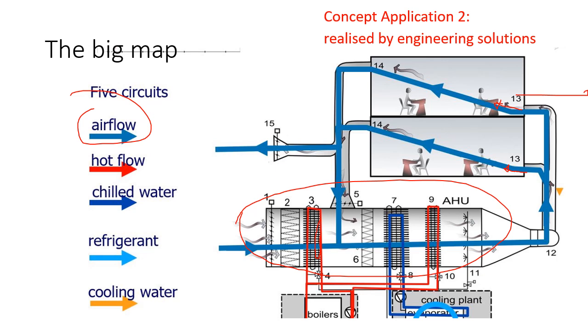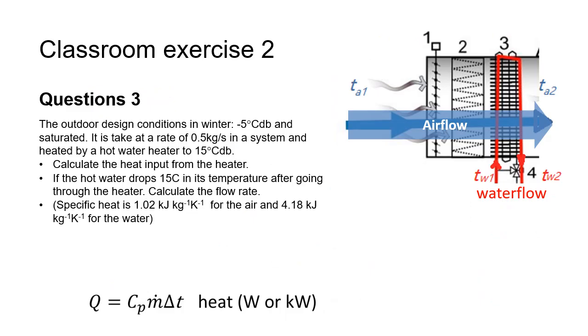So that is how in engineering we realize the state change for the air by heating, by cooling, humidification, dehumidification. Right, now in this exercise, we do some calculation to show how the sensible heat, Q equals Cp multiplied by flow rate multiplied by temperature change, can be applied to air, and can also be applied to water.